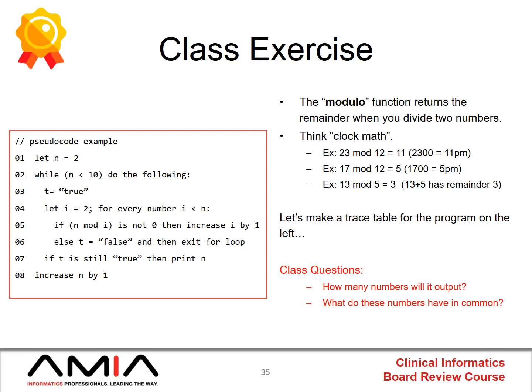Now, you may be asking, what is the modulo function? Well, the modulo function is kind of like the division function, but not really. So the modulo function returns the remainder when you divide two numbers.